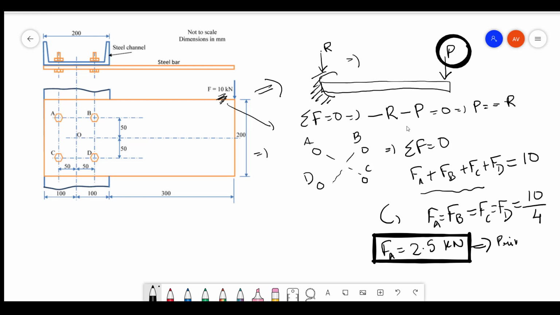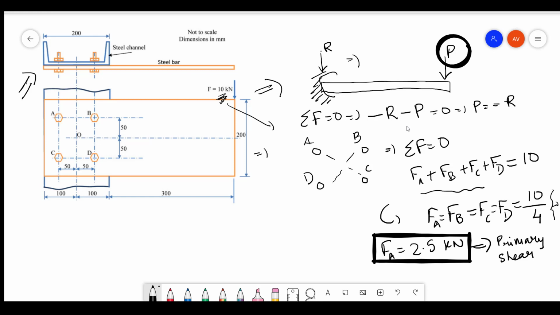This is your primary shear. As shown in the previous slide, it is the total load divided by the number of bolts. This is how you actually get that formula. Now why do we call it shear?